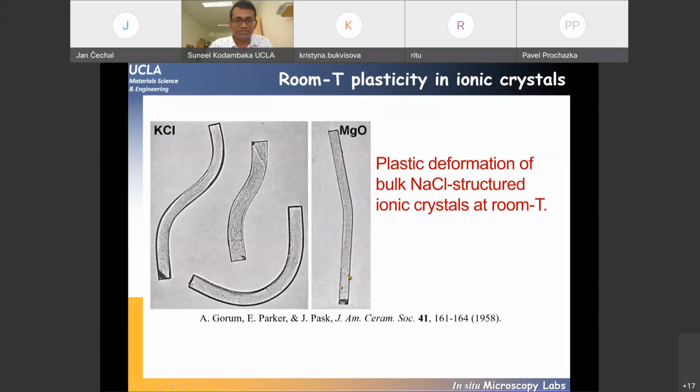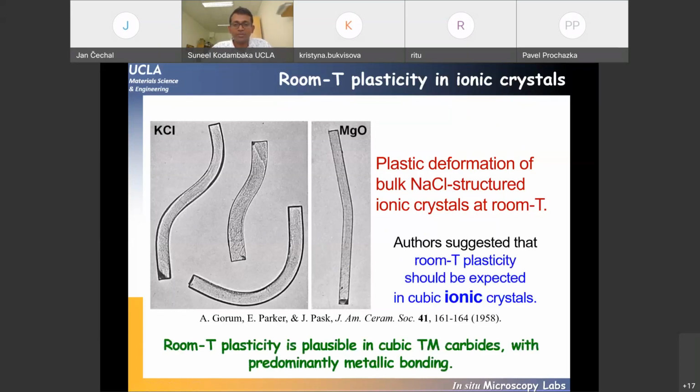I believe these are millimeter size crystals. And these just bent. And typically, conventionally, at least, it was thought that ionic crystals are not as plastic as metals. Okay? And so observing plastic deformation is not common in these types of crystals with the strong ionic bonding.